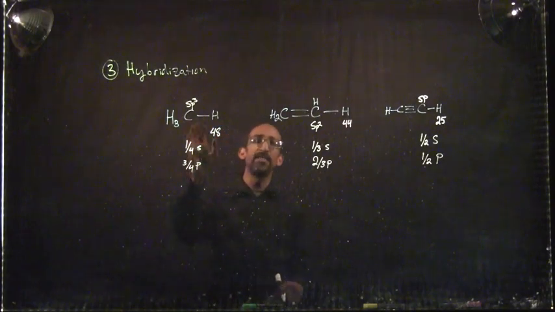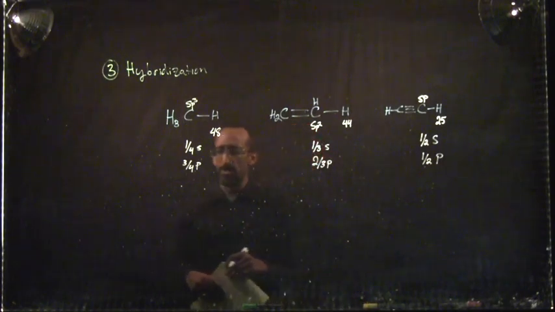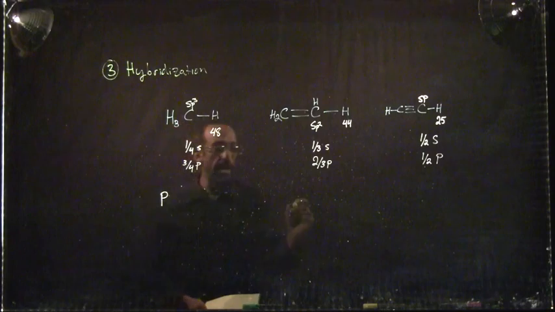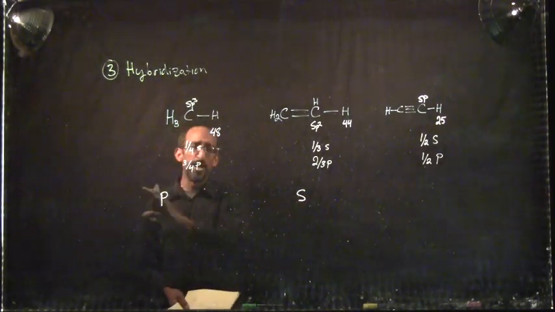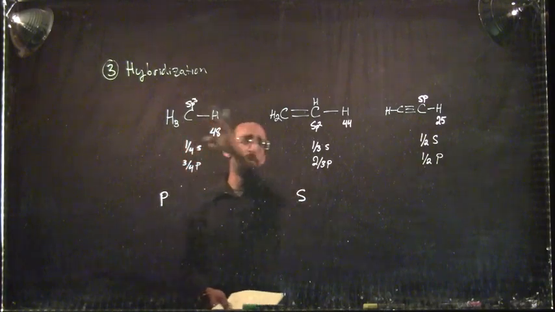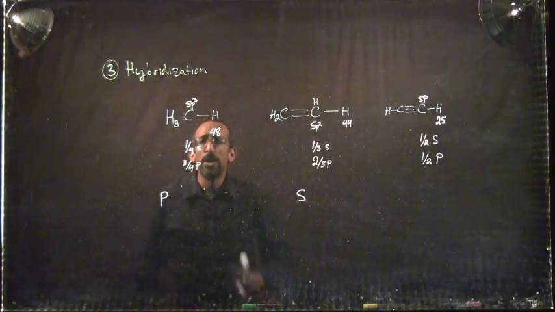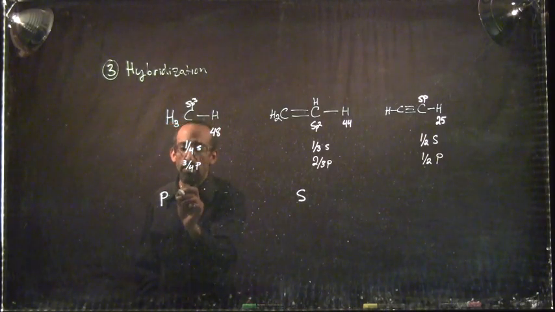And so we can make these size comparisons between our three hybrid orbitals. We know that a p orbital is the largest. We know that an s orbital is the smallest. So moving from largest to smallest and putting in our hybrid orbitals, the hybrid orbital that has the most p character is going to be the largest hybrid orbital.